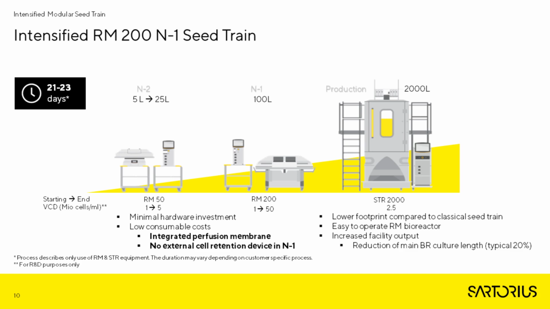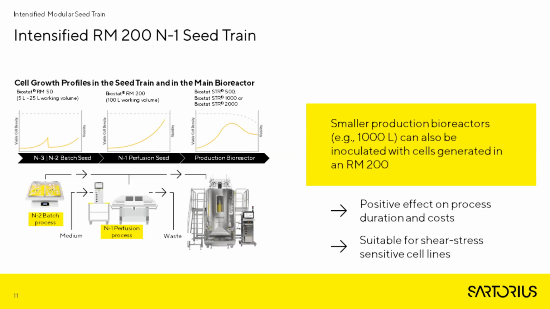It is also associated with lower consumable costs, as the N-1 or even N-2 stages can already be used in perfusion mode with bags that have integrated perfusion membranes. So thus, they don't require an external cell retention device. And additionally, the C-Train lasts relatively shorter compared to the classical scenario.